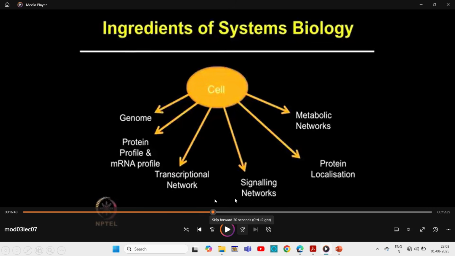It requires everything: the networks indicating interactomics, like signaling networks, where one is giving a signal to another, for example in the neural system, or cell-cell communication. There is a pattern to studying all of this.